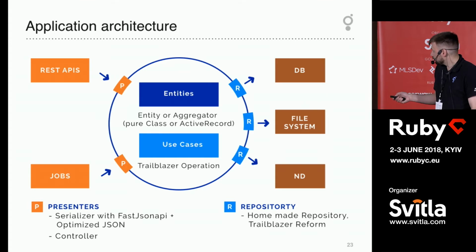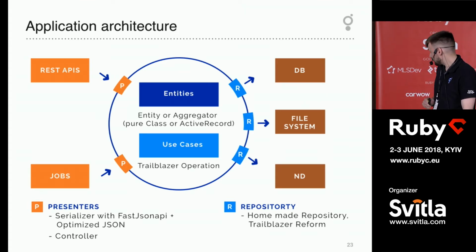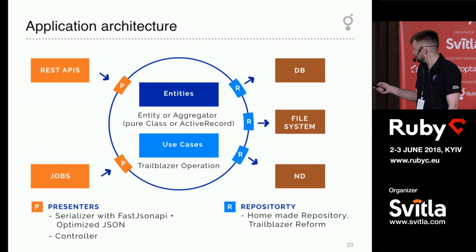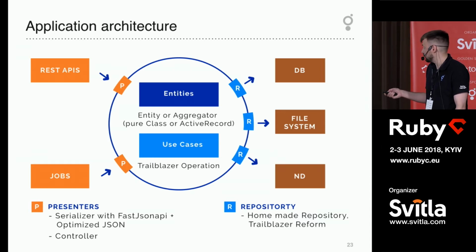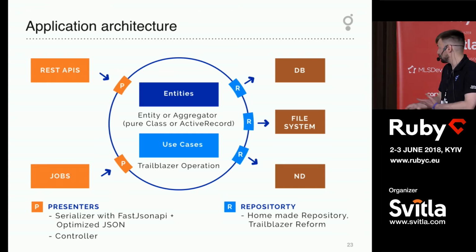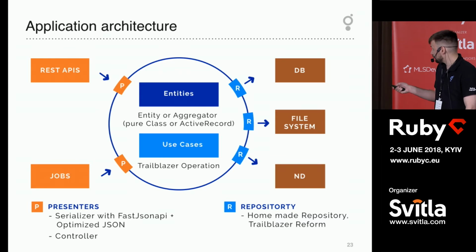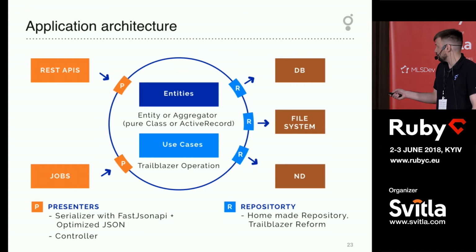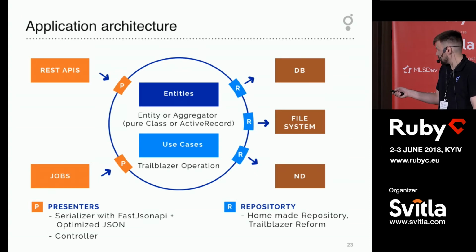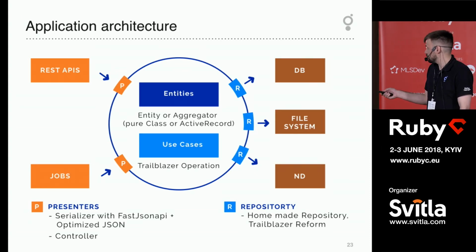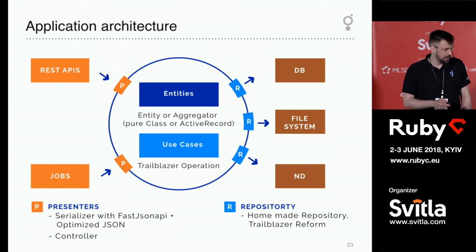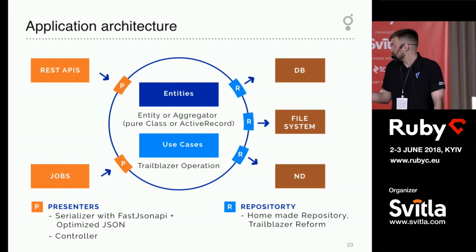So how can we map it onto clean architecture? We have requests to our application, and we have an entry point, typically controllers, Rails controllers, and inside we have the business logic of our application. Typically we start with use cases, and these use cases manipulate entities.